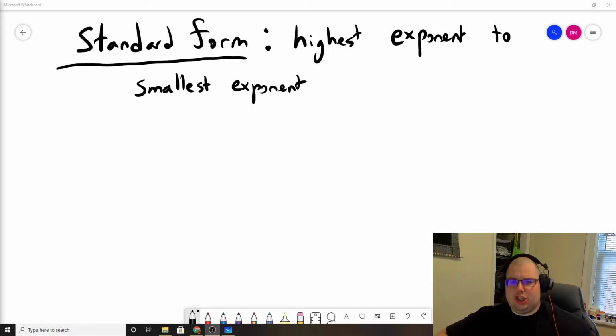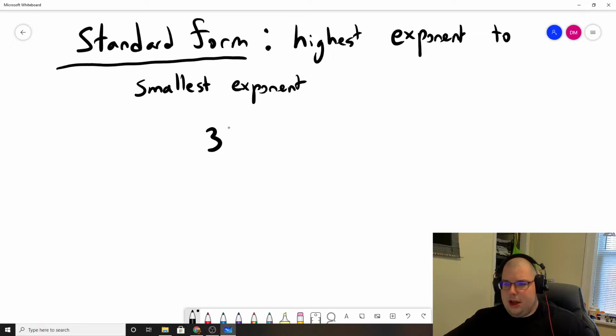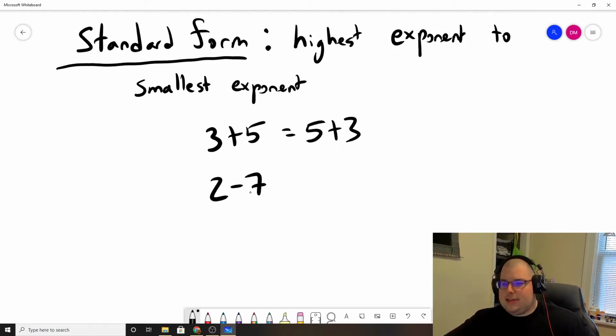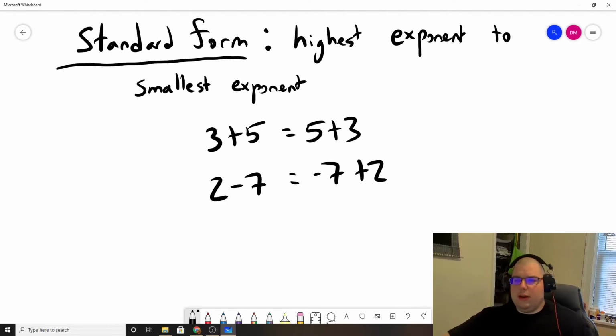Since addition and subtraction are commutative, where order doesn't necessarily matter, for instance, 3 plus 5 is the same thing as 5 plus 3, and 2 minus 7 is the same thing as negative 7 plus 2, we could switch the orders around.